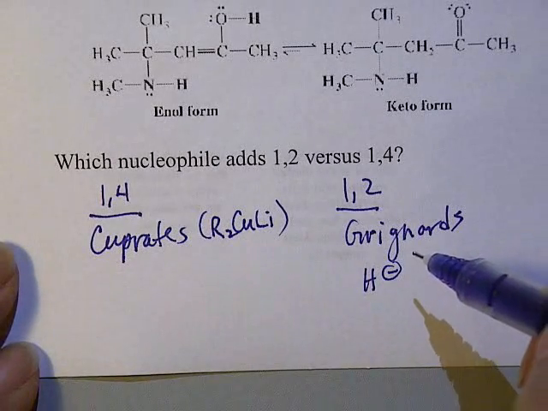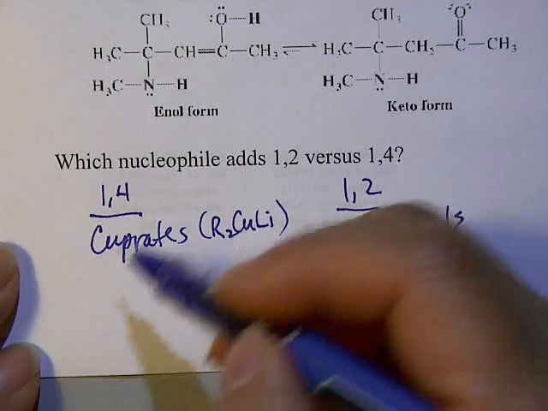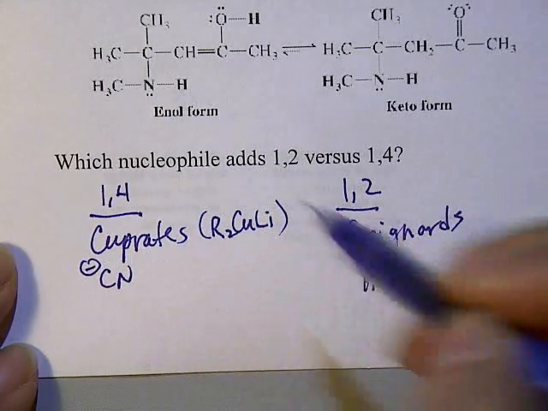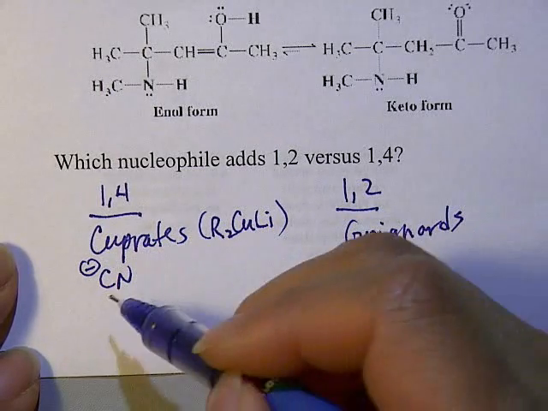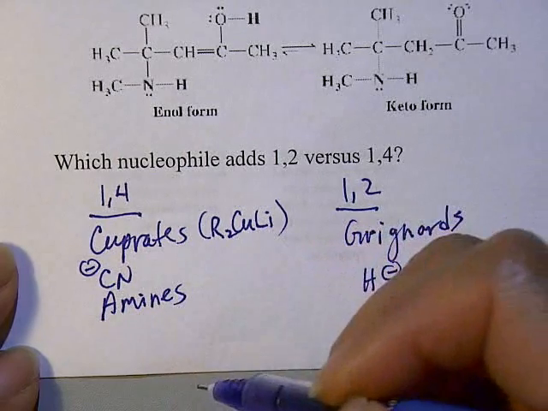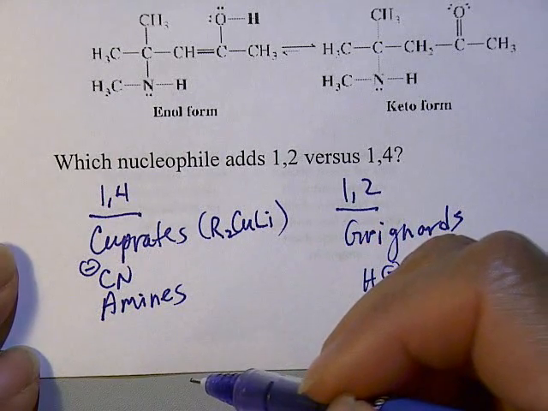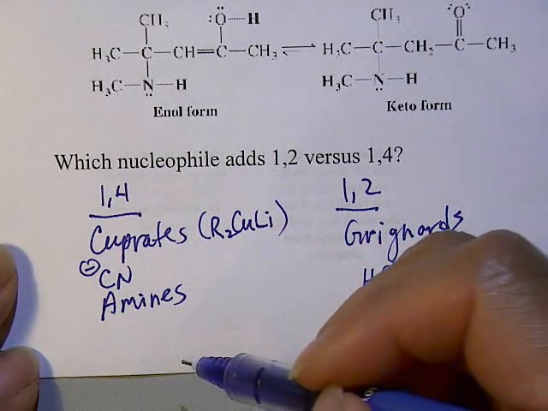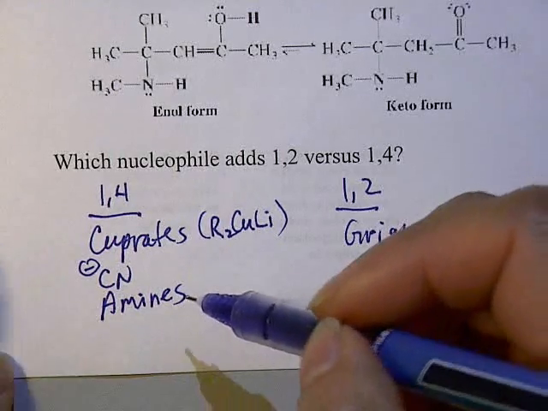Cuprates tend to add 1,4, and the cyanide ion tends to add 1,4. Amines tend to add 1,4. So we've got cuprates, cyanide, and amines.